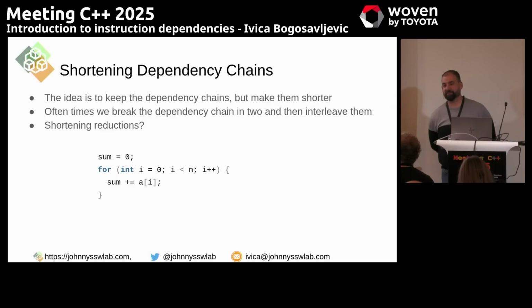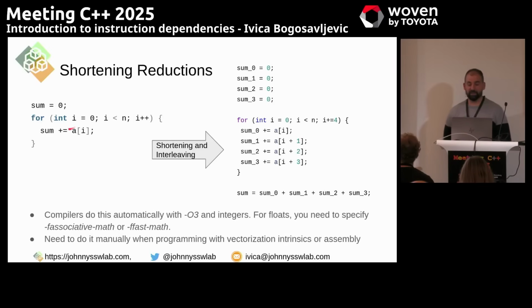Yes. Having more partial sum variables that we sum first and then sum together. So instead of one sum, you have four sums here: sum 0, 1, 2, and 3. And then sum 0 plus equals a of i, sum 1 plus equals a of i plus 1, sum 2 plus equals a of i plus 2, and so on. And then at the end, you sum all these four sums into one big sum.